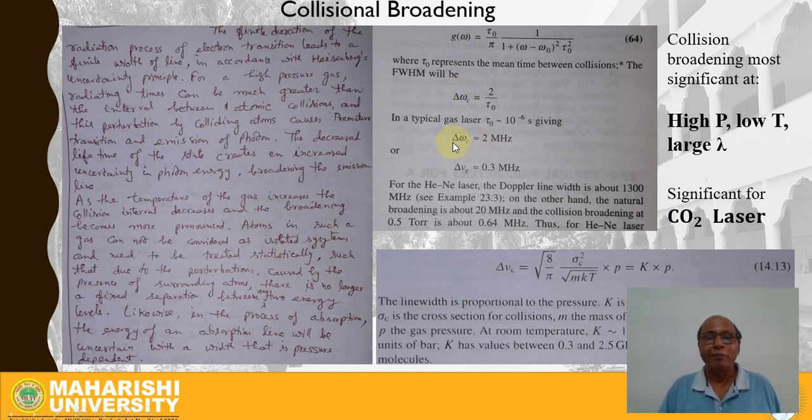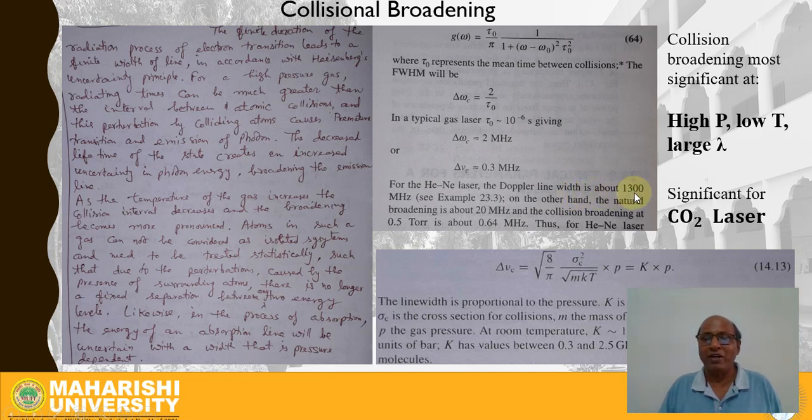So for a gas laser having this value, the delta omega c or delta nu c will be so much. This is simple. But what is more important is that for a helium neon laser, which is at slightly lower pressure, the Doppler line is more important.